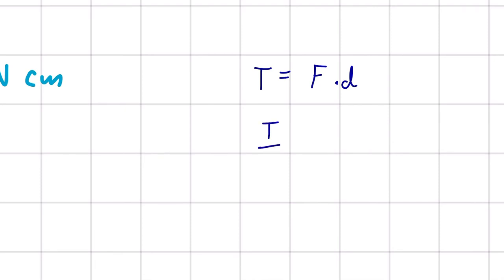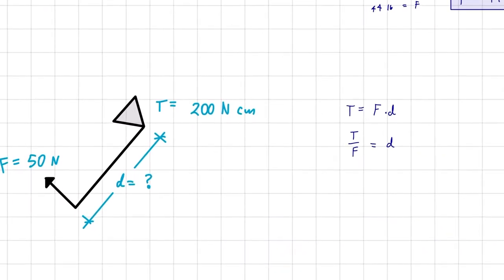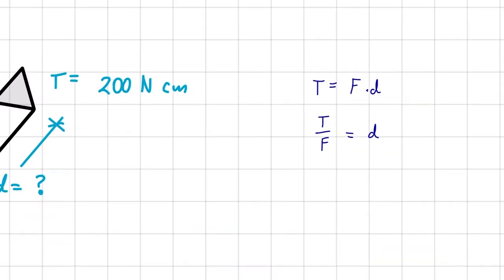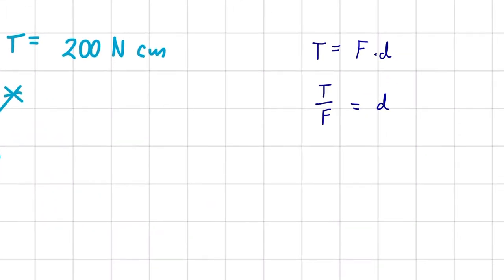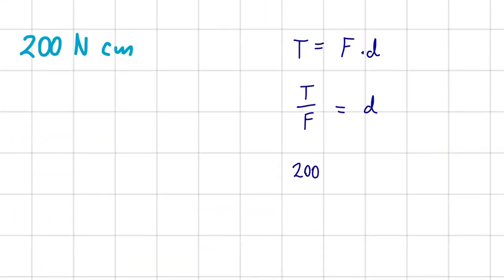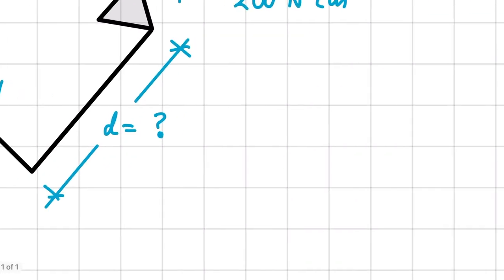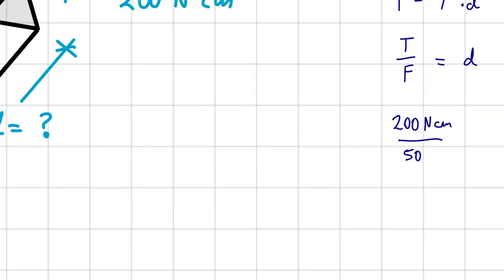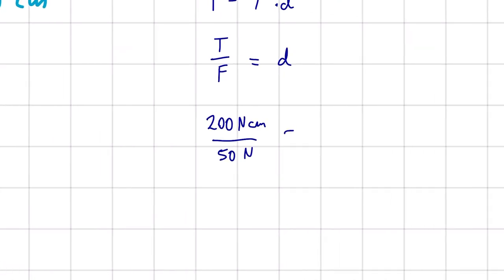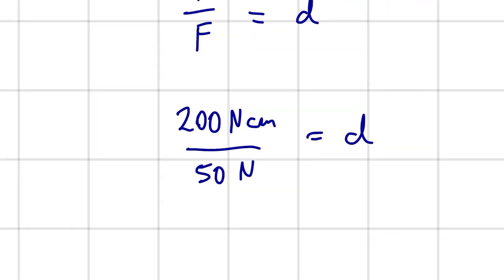It tells us that torque over force is equal to distance. Now all we have to do is plug in our values. So the torque is 200 Newton centimeters divided by a force of 50 newtons is equal to our distance.